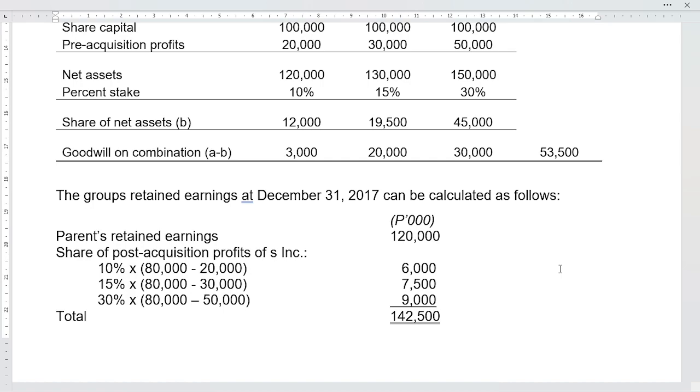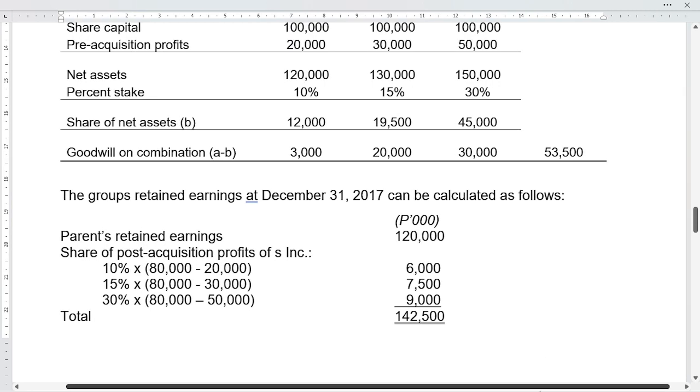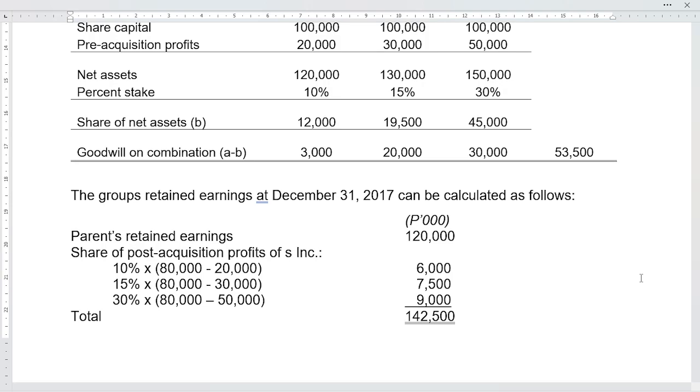I'm not expecting you to explain kung paano nakuha yung 6,000 na yan, yung 7,500, yung 9,000 na yan, kasi medyo mahirap na technique ang ginawa ni author. Pero mas madali yung technique para makuha mo yung 142,500.